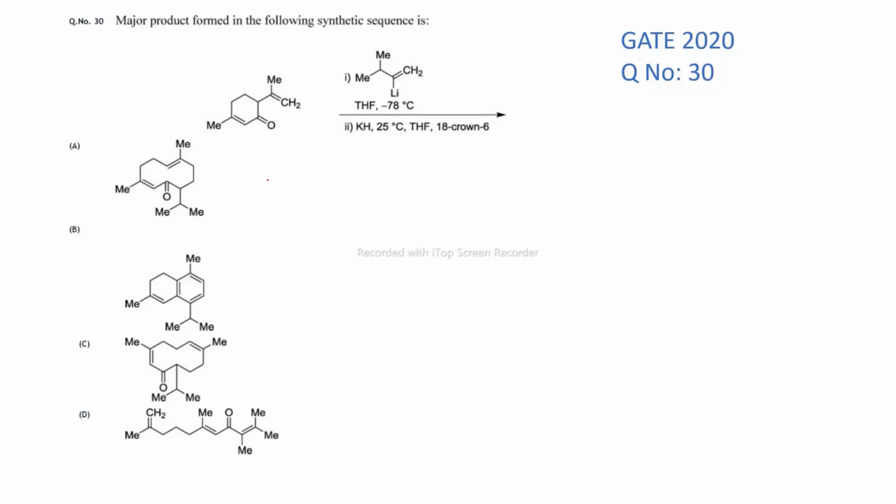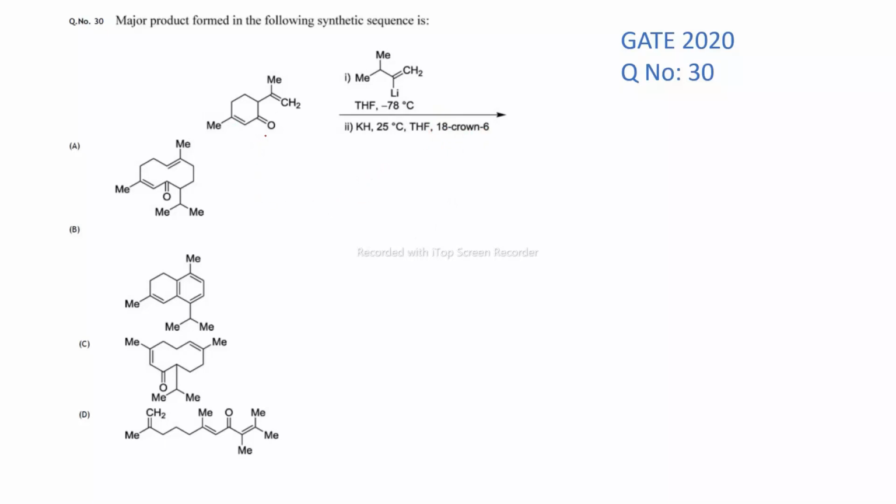The major product formed in the following synthesis sequence is, so first this is our substrate. First we react it with the organolithium compound in THF at minus 78 degrees centigrade, and the next step is potassium hydride at 25 degrees centigrade in THF, and we are using 18-crown-6, which is a crown ether. So let's see our substrate.